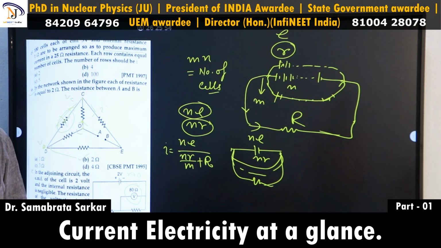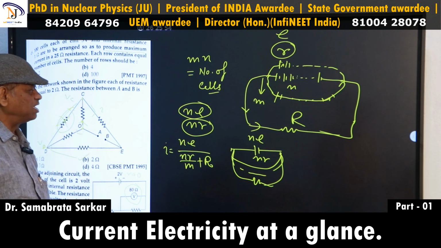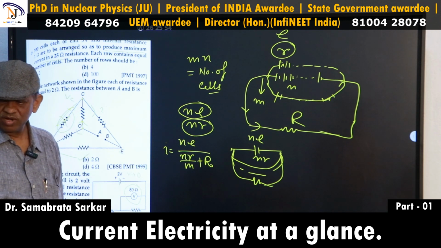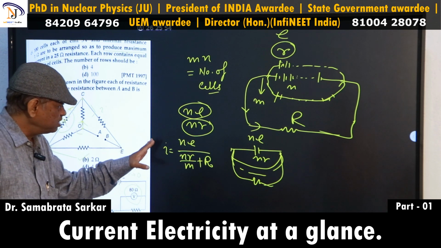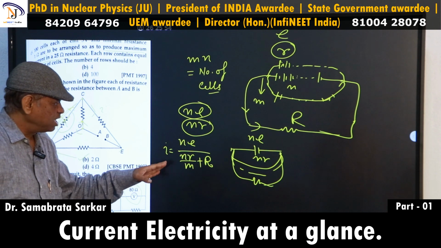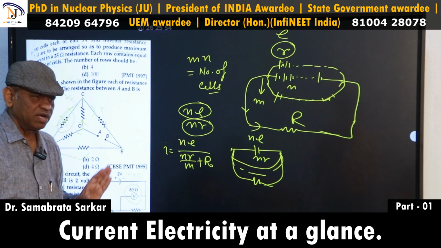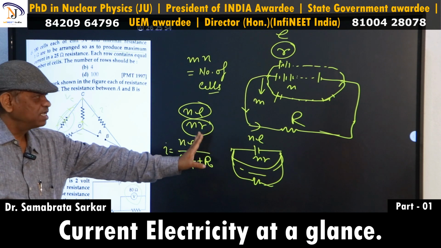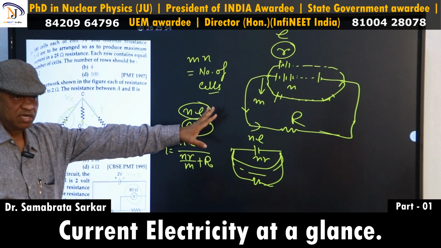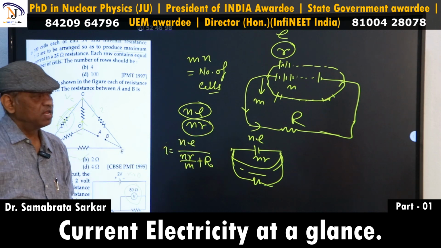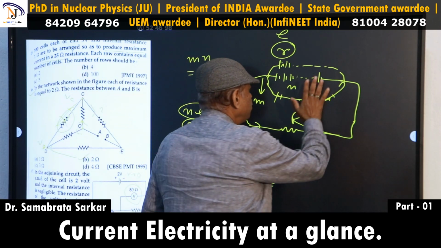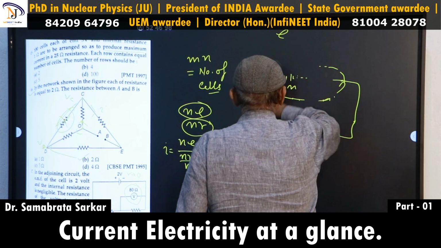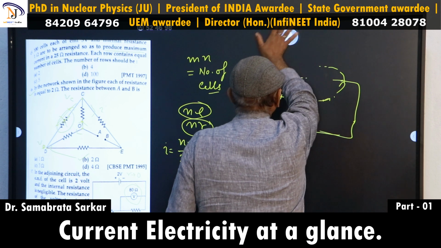Am I clear? Now I will do some calculations to find the result, and it is very easy. Here, R is the external resistance, nothing else. Have you taken note of it? Now see how I calculate.